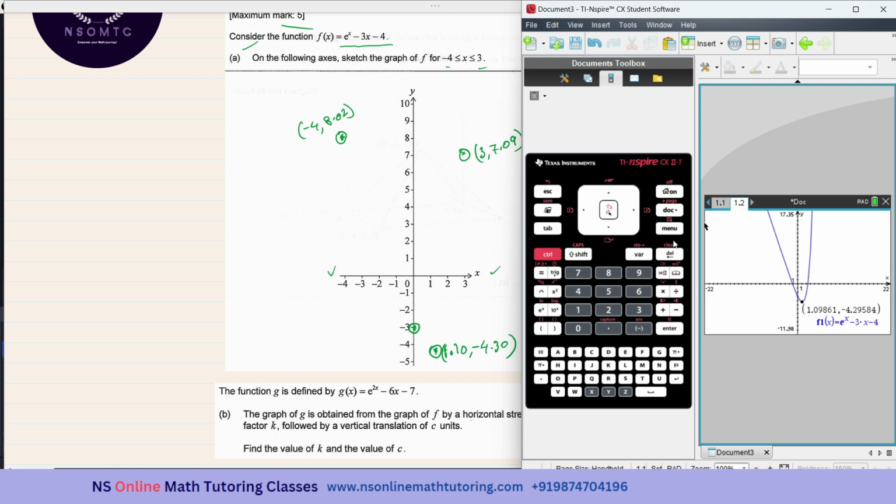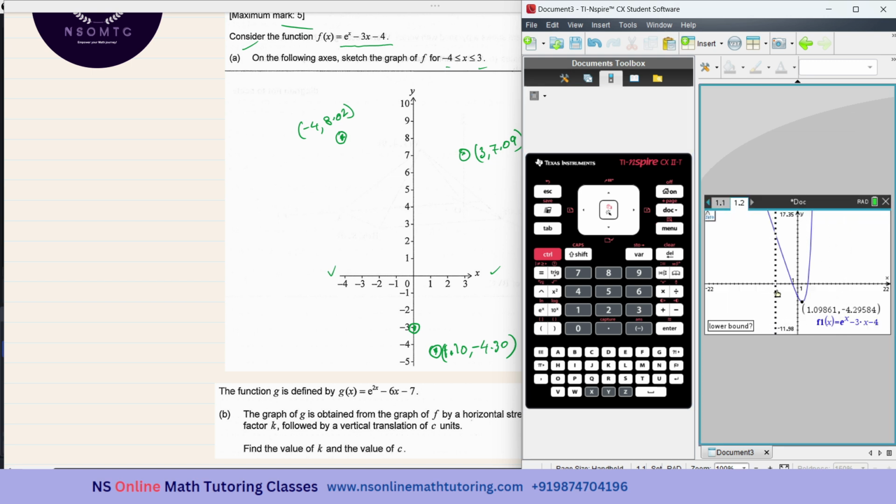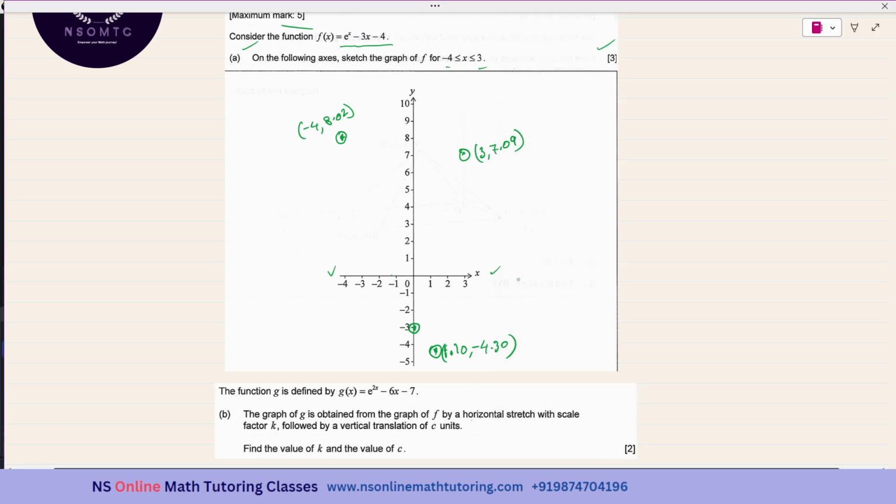I have forgotten two more important coordinates, the zeros. I have to get the zeros. So negative 1.237 is one of the points, negative 1.24 comma 0.